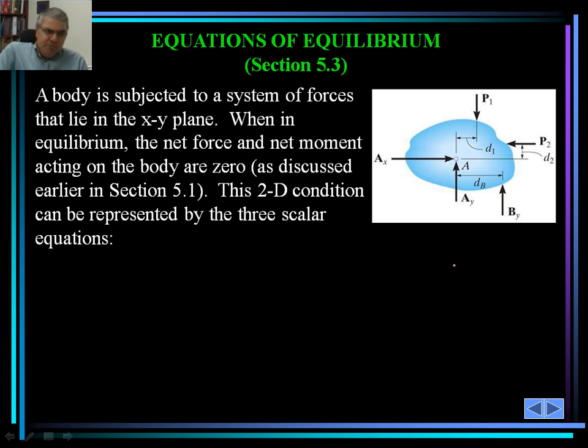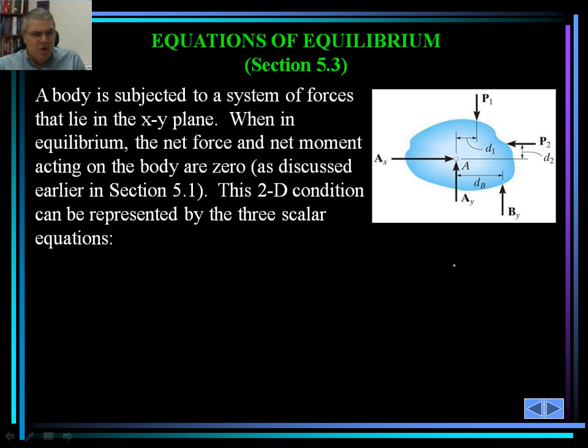Okay, so let me go over this rigid body as shown here. As you can see, this body is subject to a system of forces, P1, P2, A sub x, A sub y, B sub y, and so on, at different locations. When this body is in equilibrium, obviously the net force and net moment acting on the body are 0.